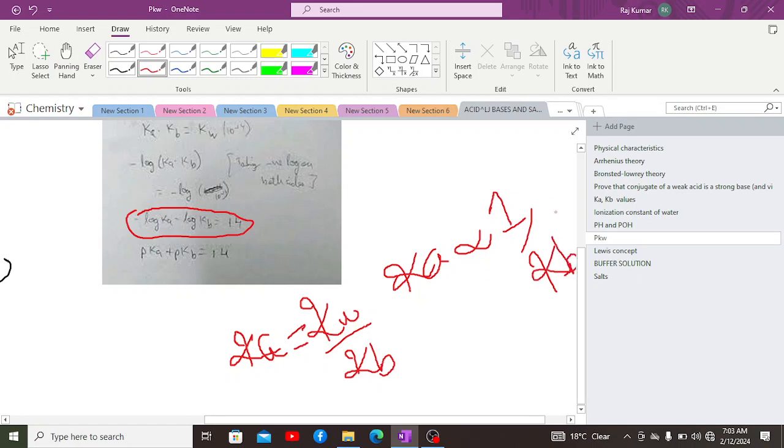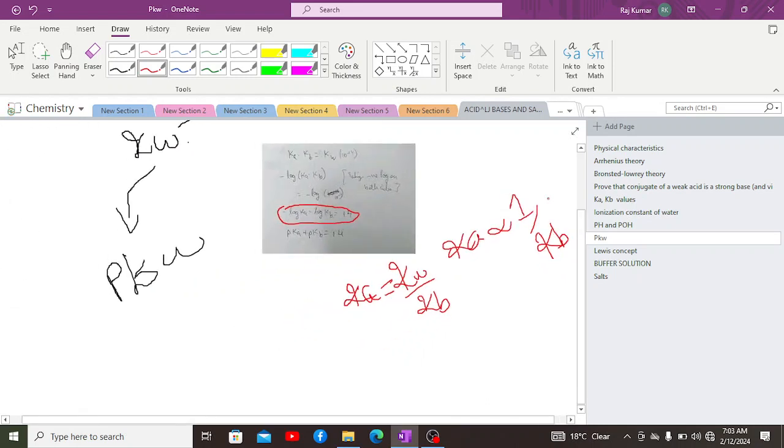Now, this is the reason that whenever there is a strong acid, there will be a high value of Ka, as a result of which there will be a weak conjugate base produced from that strong acid, which would have a low value of Kb, because Ka is inversely proportional to Kb.